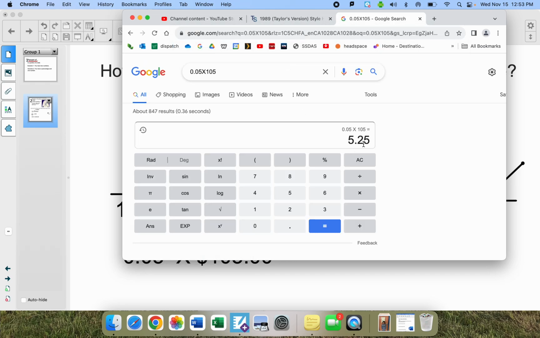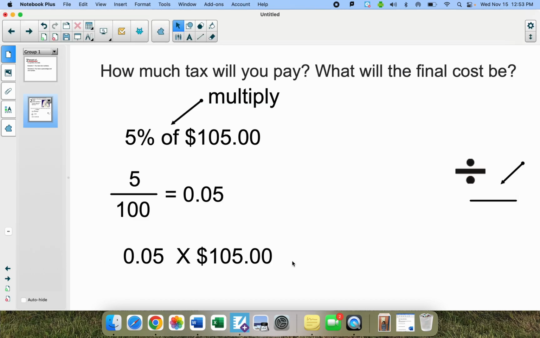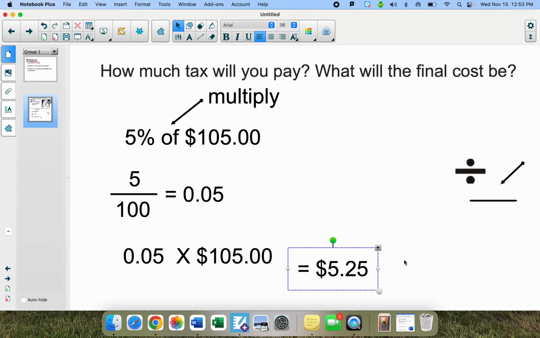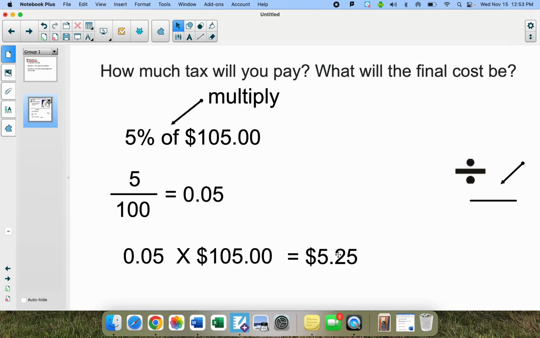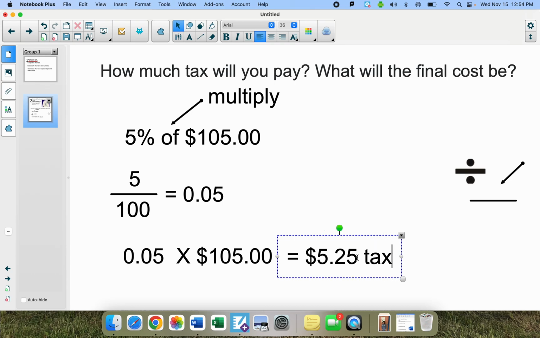And I get $5.25. Right now you might be very excited thinking, I only have to pay $5.25 for a Taylor Swift hoodie? No, that's the tax. So you will pay $5.25 tax.